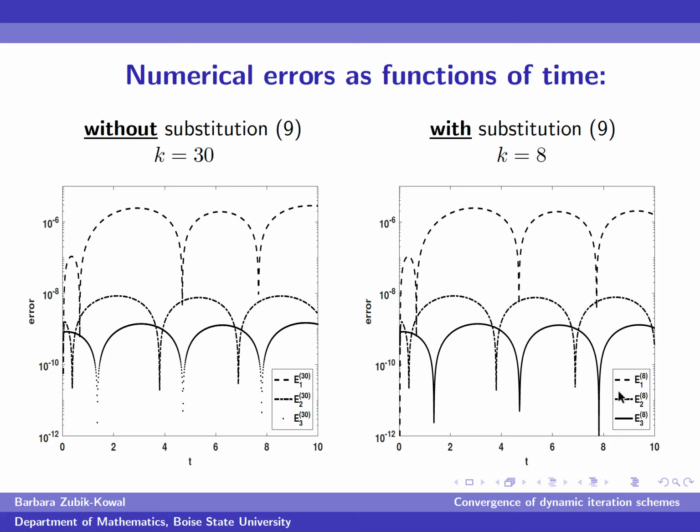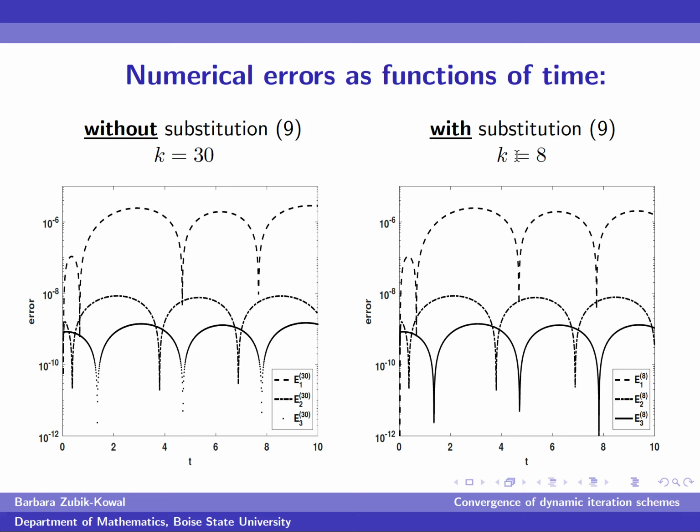The left-hand side figure presents the errors for the numerical scheme without the zt substitution for k equals 30, which is exactly the number of iterations at which the scheme converges. And now the right-hand side figure presents the errors for the numerical scheme with the zt substitution for k equals 8 over the same time interval.